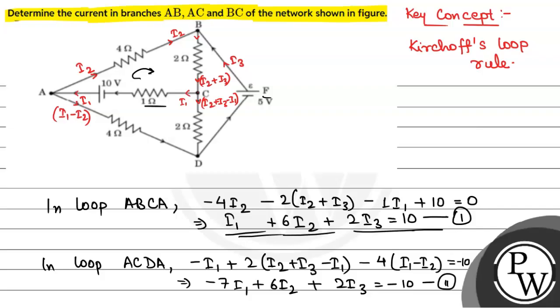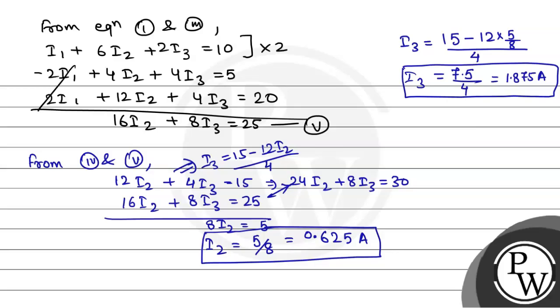I1 is equal to 10 minus 6I2 minus 2I3, that is 10 minus 6 into 0.625 minus 2 into 1.875. So on solving this we get I1 is equal to 2.5 ampere.